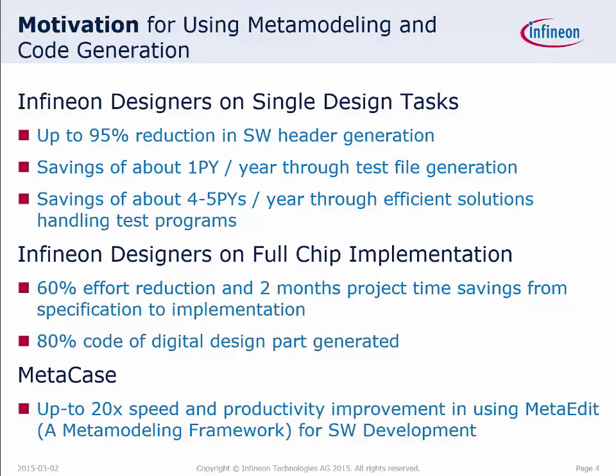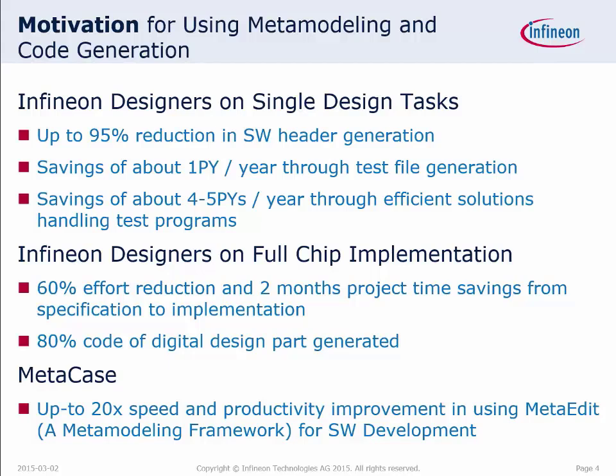This was about 80% of the complete code. Of course, this metamodeling will not replace HDL, for example, because the behavioral code somehow needs to be written. So it more or less helps with all the structural code.